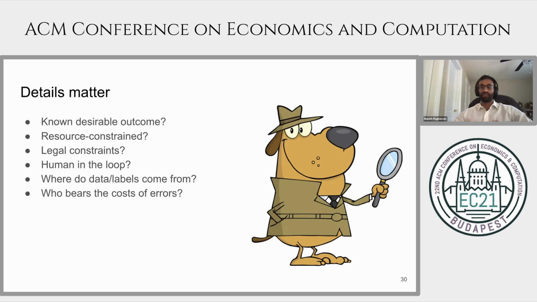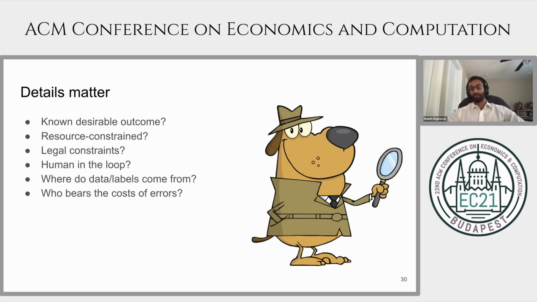So we might, again, think of fairness differently in cases where we have these hard resource constraints. We also should think about details like the legal constraints in the system, because we might have something that seems normatively or intuitively fair to us, but for legal reasons, we could not implement it, or could not implement it in certain jurisdictions. There's also the question of, is there a human in the loop, and what sort of agency do they have in the process?